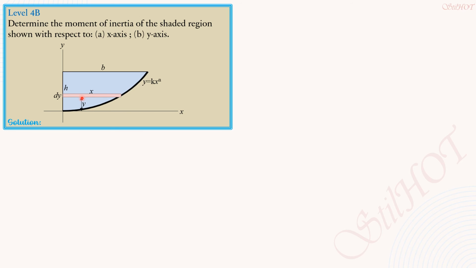The basic is differential Ix equals y squared times differential area, where differential area is x times dy, the area of the strip. The variable of integration here is y, so limits would be from 0 to h.